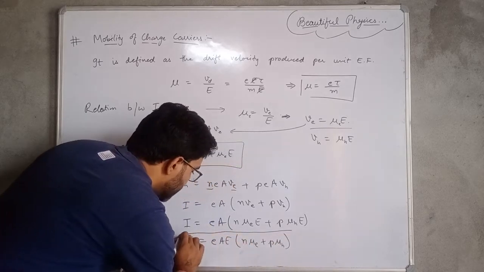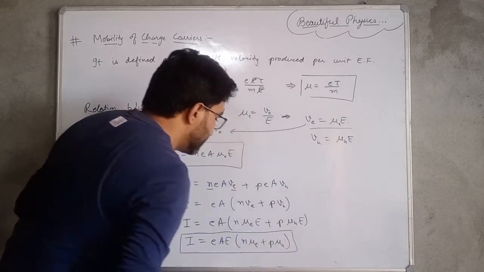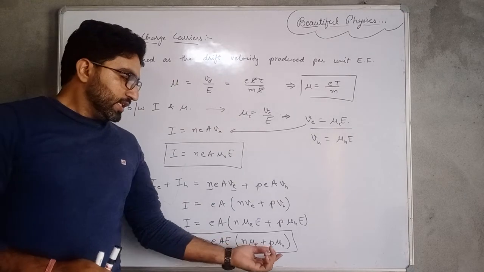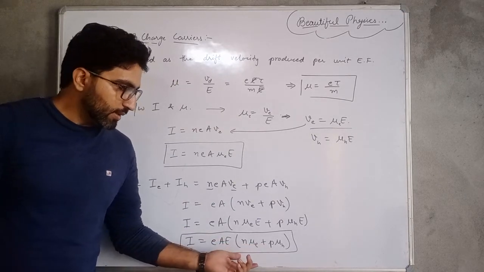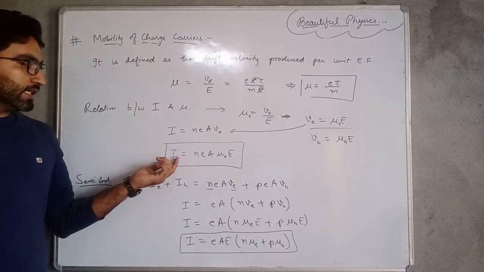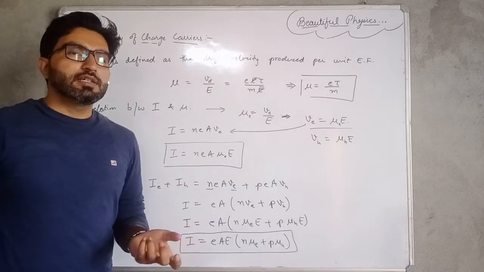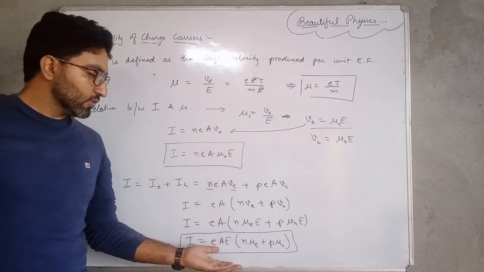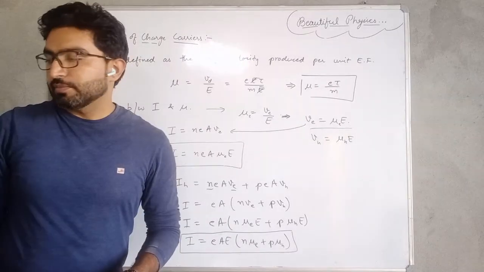Students, this is the relation between electric current and the mobility of the charge carriers of a semiconductor, and the earlier one is the case for a conductor.